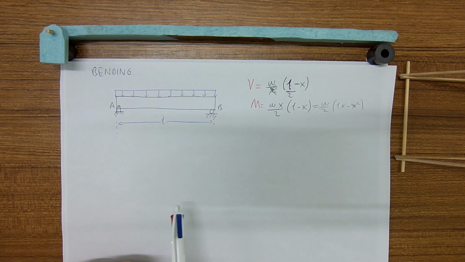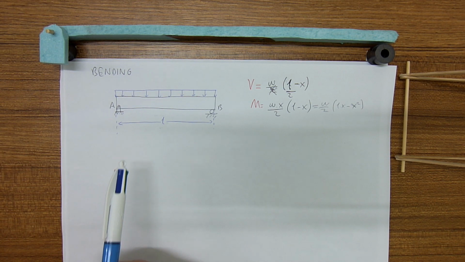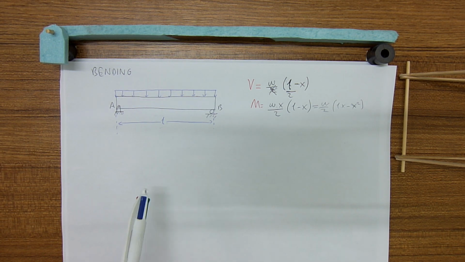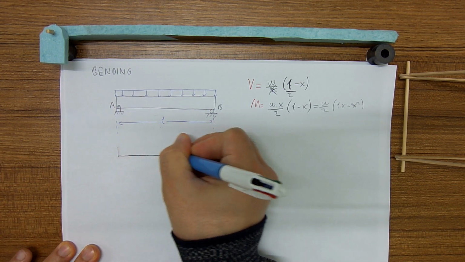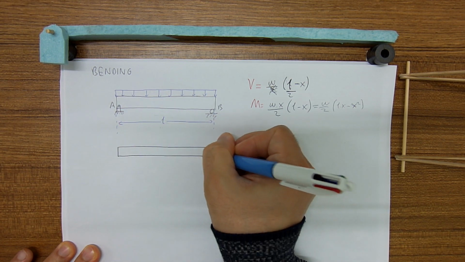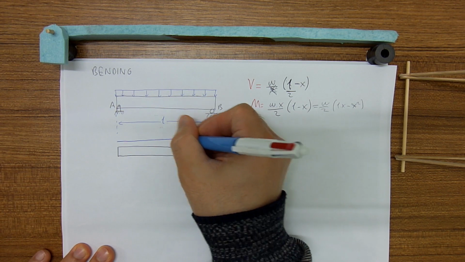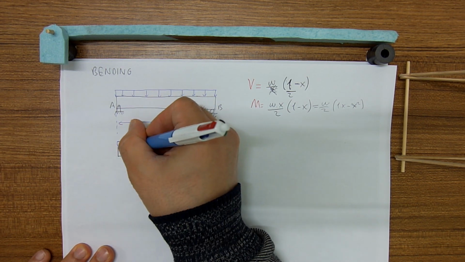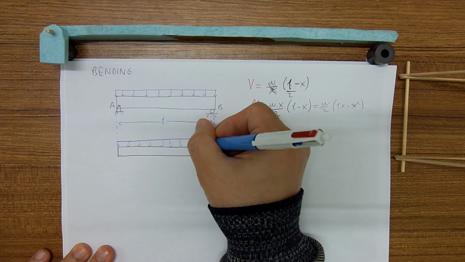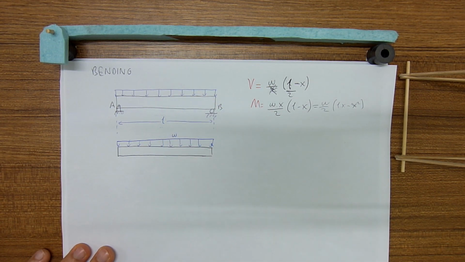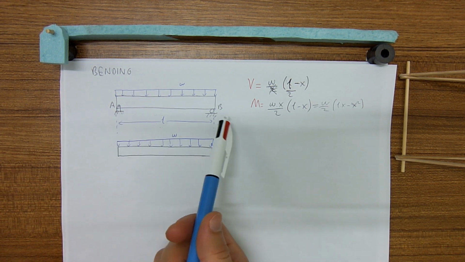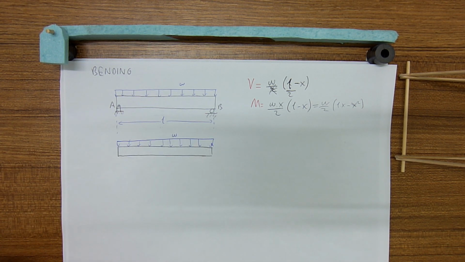But before doing the shear moment diagrams, we draw the free body diagram of the beam. And this is W. It is a free body diagram, therefore there are no connections left from the support.